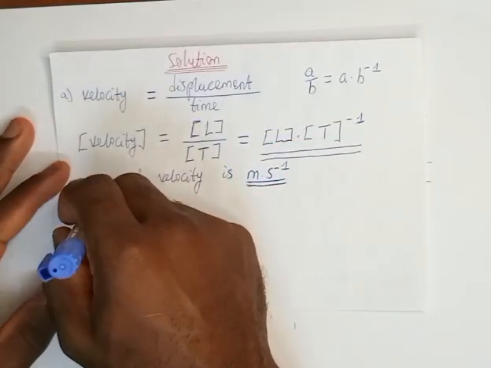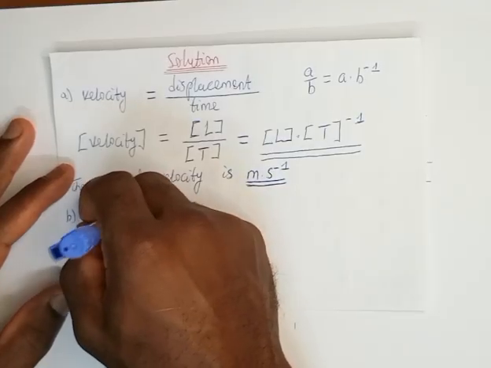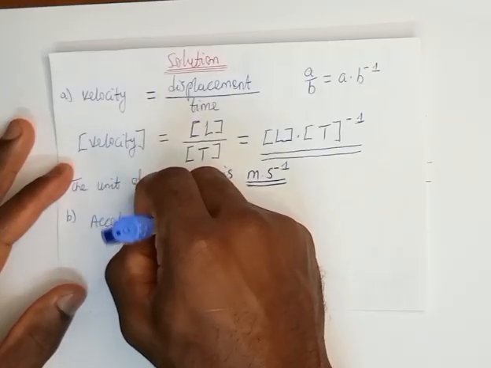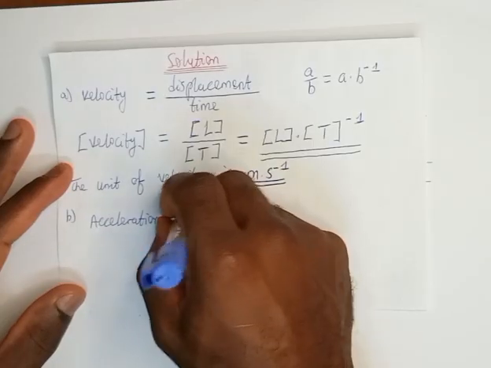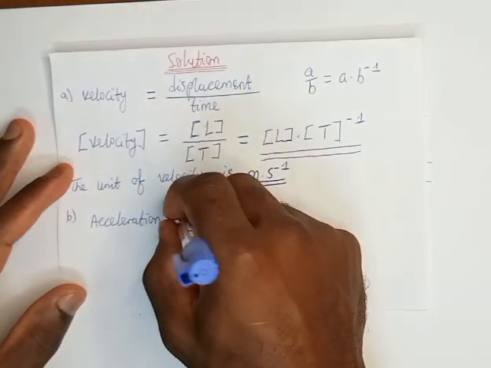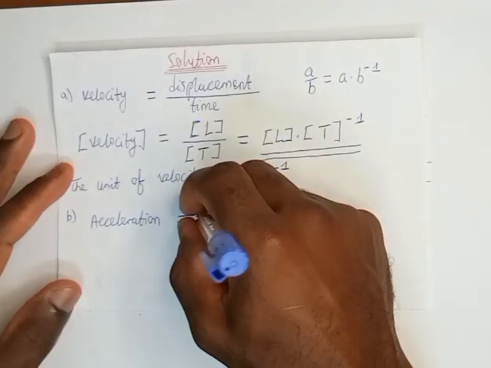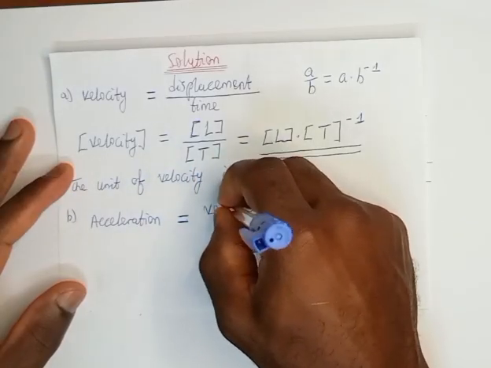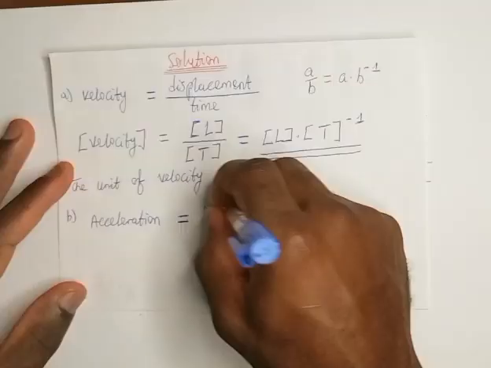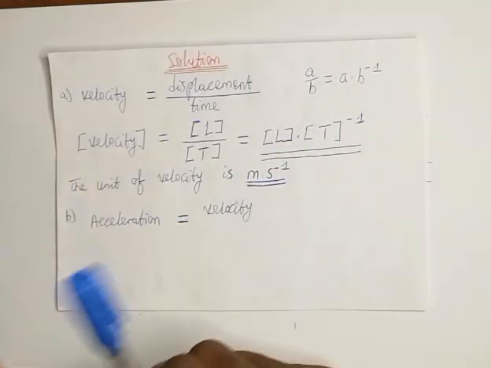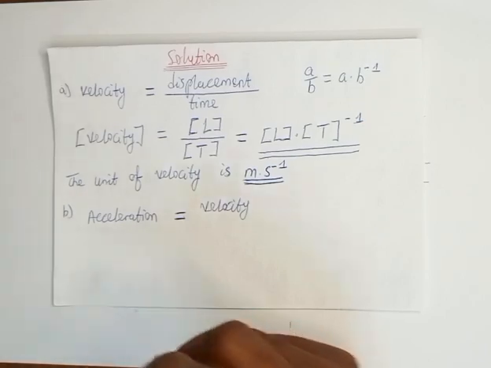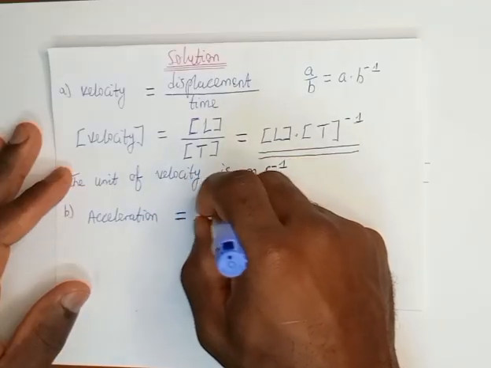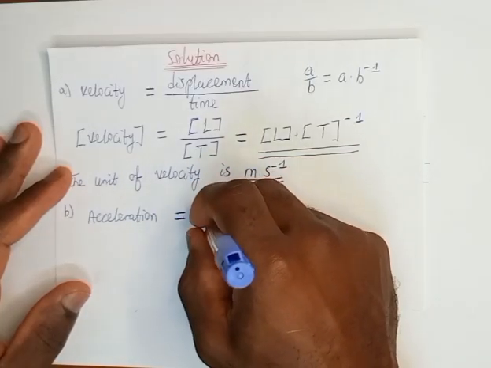We move now to B, for acceleration. Acceleration is simply the rate of change of velocity, which is velocity divided by time.